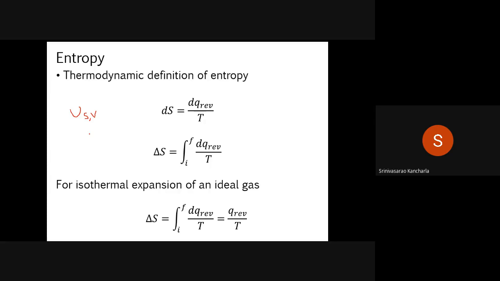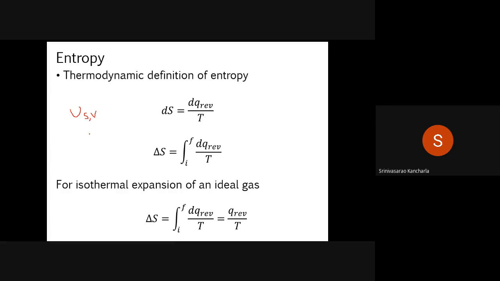Volume you can keep constant by taking a specific vessel, but for entropy there is no way of keeping it constant. So in that sense, it is not so useful for us to discuss in terms of internal energy whether a process or a reaction is spontaneous or not.